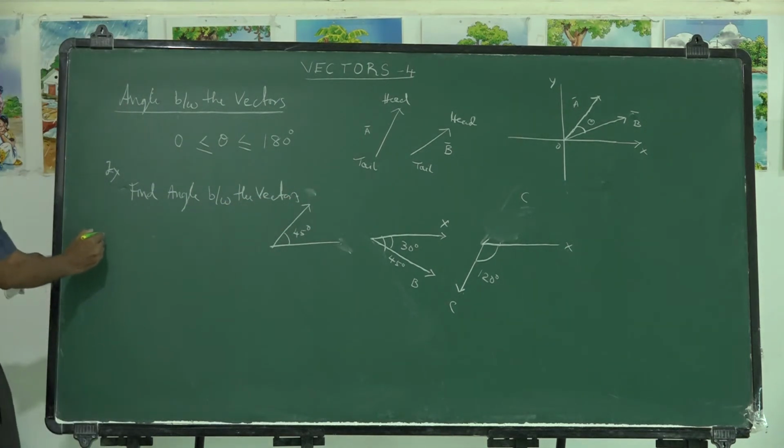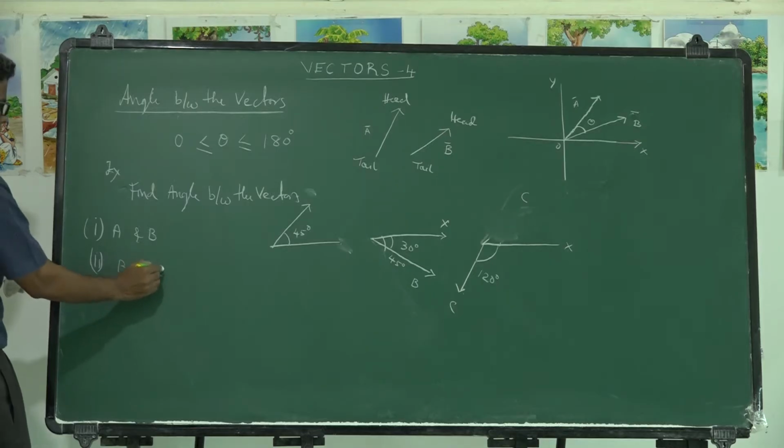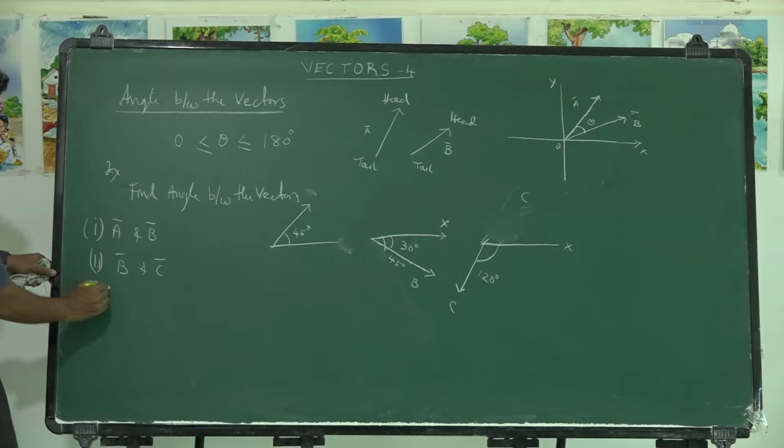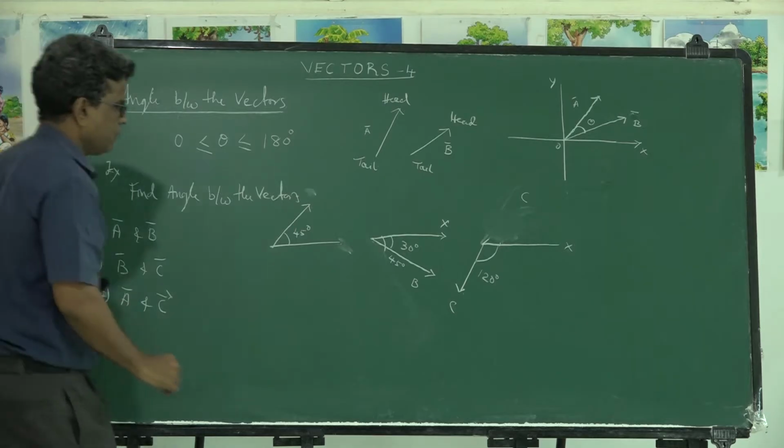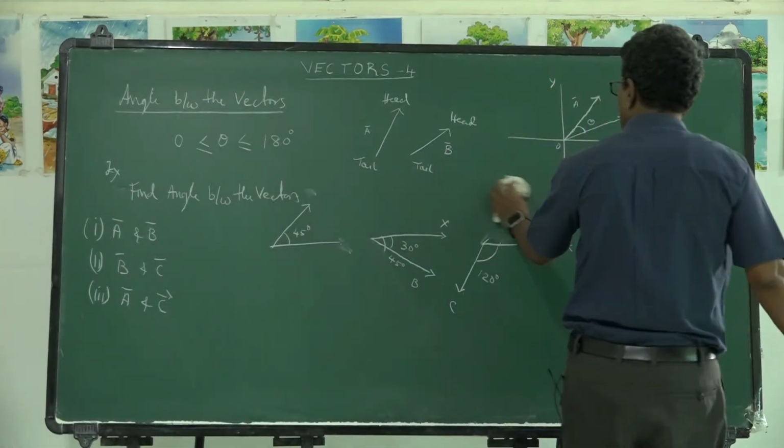First question, between the vectors A and B. Second, between B and C. Third, the angle between A bar and C bar. This is the question. So, how can we answer?